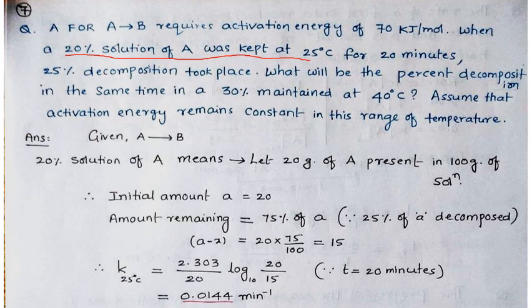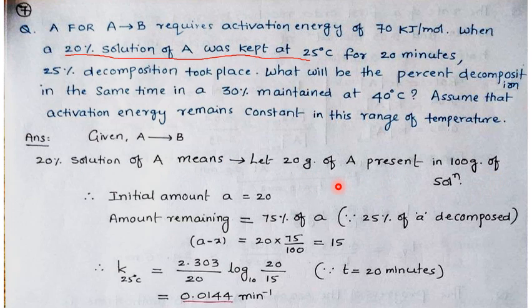A equal to 20. Similarly here also, 30% is maintained. Now we will see what will happen. Given A gives rise to B, 20% solution of A means 20 gram of A present in 100 gram of solution.